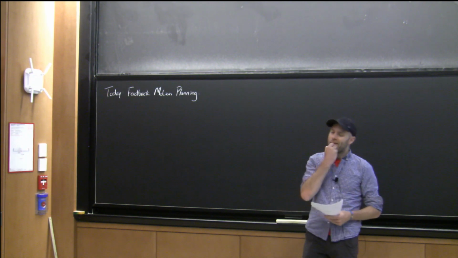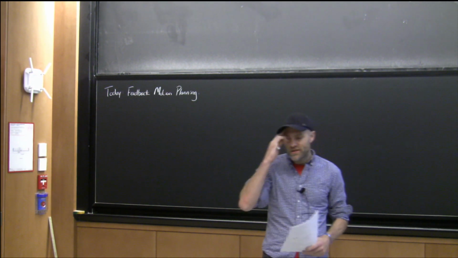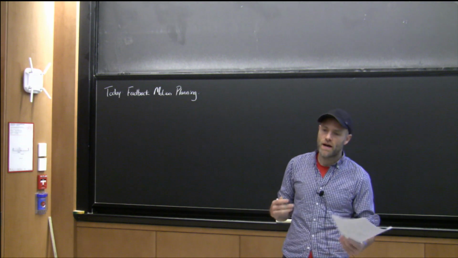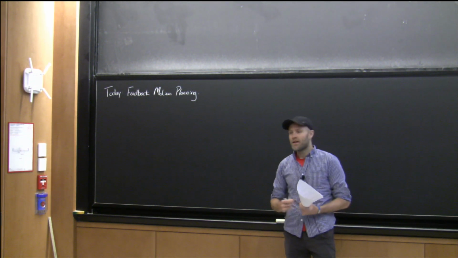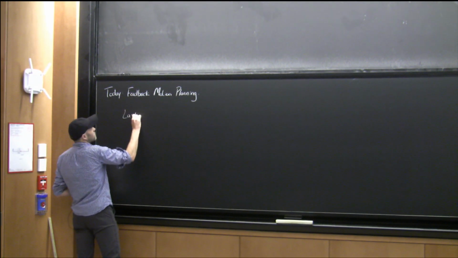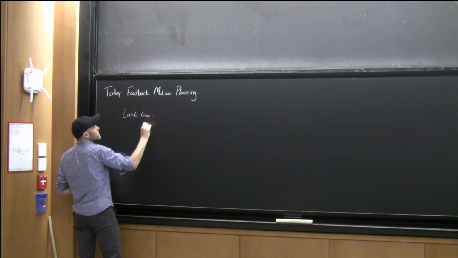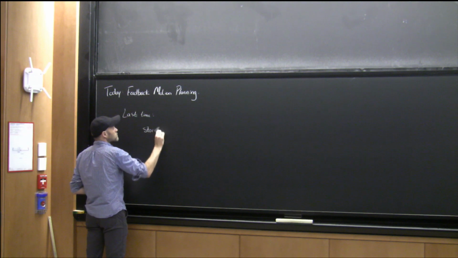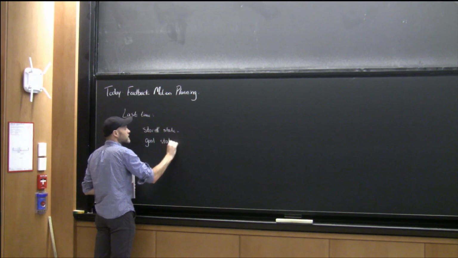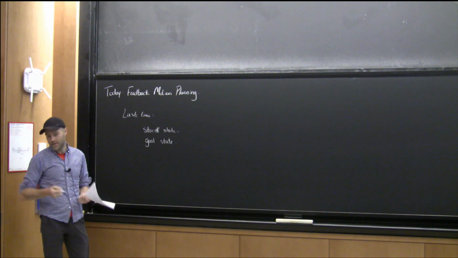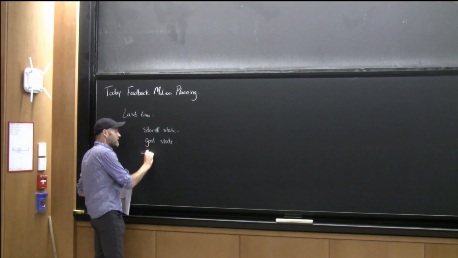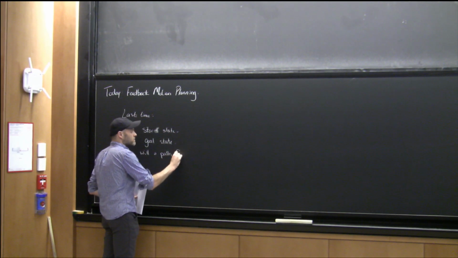Okay, welcome back. So last time we introduced a new set of tools for motion planning that had the property of probabilistic completeness: if you have a start state and a goal state, then the complete planners would be guaranteed, with probability 1 as time goes to infinity, to find a path if it exists.